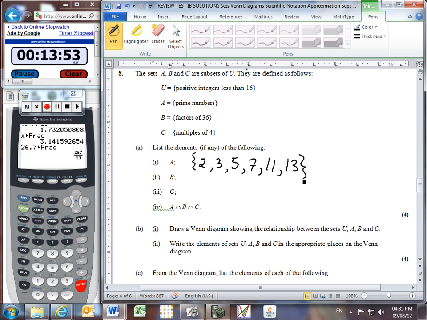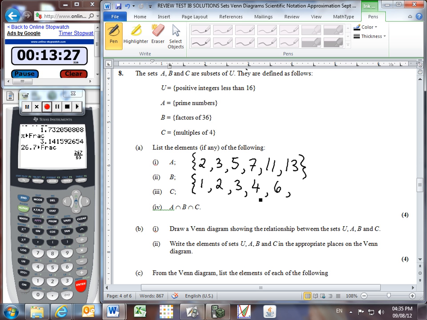Set B are the factors of 36. So these are numbers that do divide into 36 without leaving a remainder. So 1, of course, 1 is a factor of every integer. 2, because 36 is even. Does 36 divide 3 evenly? Yes. Does it divide 4 evenly? Yes, goes in exactly 9 times. 5, no, but 6 is a perfect factor, because of course 6 squared equals 36.